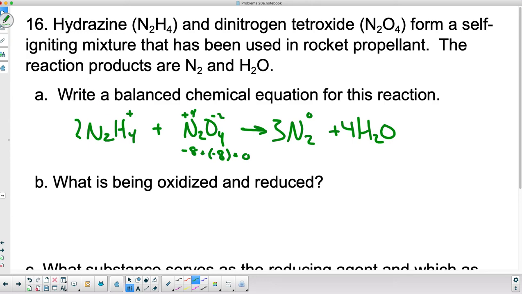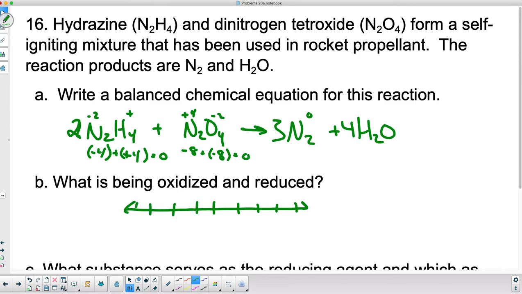Let's see. So here I got a +4, which means that this must equal a -4, which means each one of these, because this equals 0 also, must be a -2. So according to my number line, I have 0 in the middle, 1, 2, 3, 4, -1, -2, -3, -4.